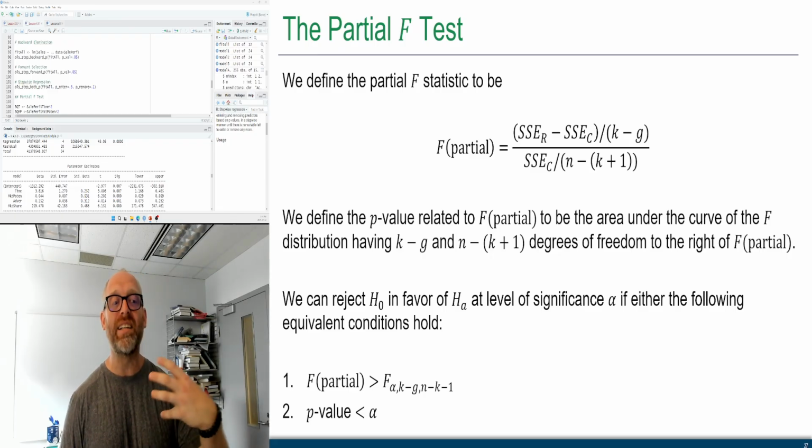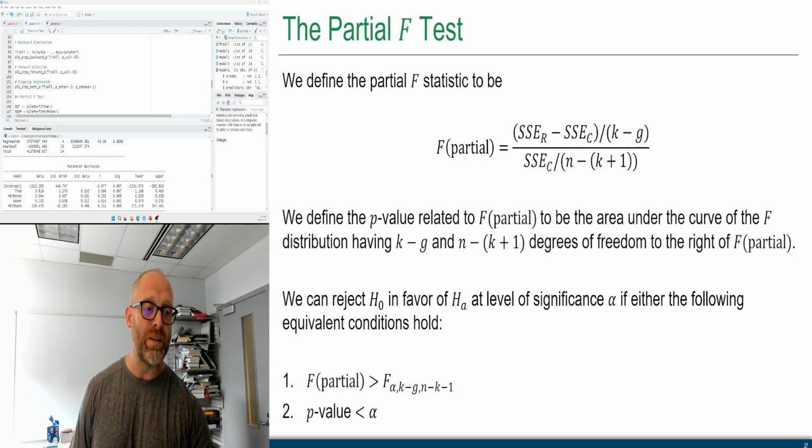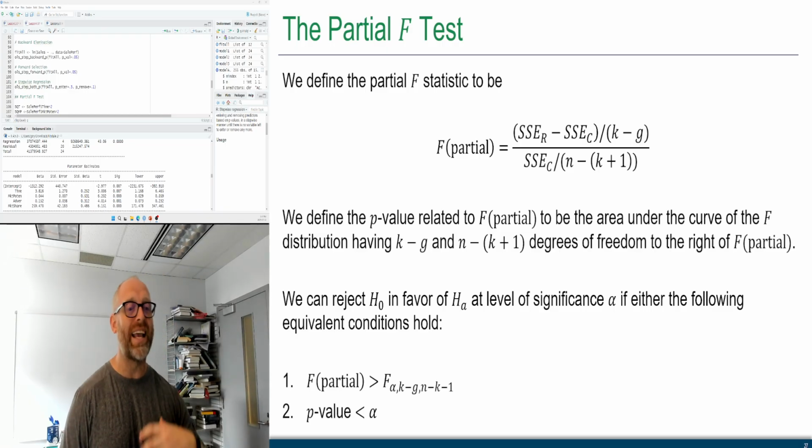If it explains more, there's going to be less of this outstanding error, less error that we need to worry about. So this difference is always going to be at least the same size, if not smaller, so it is always going to be positive on top. The k minus g, we're adding additional variables, so that's always going to be positive.